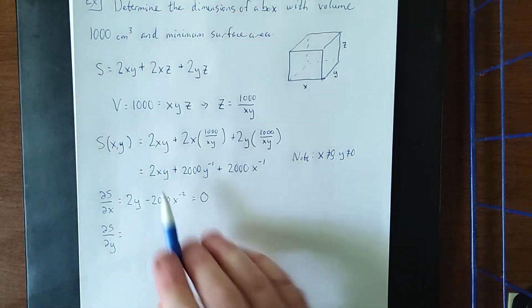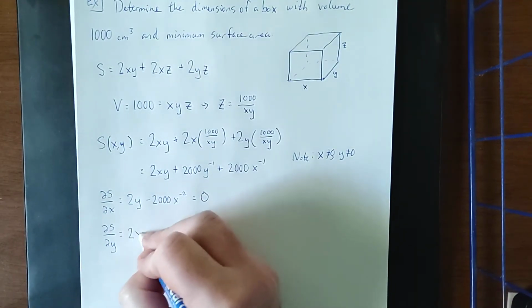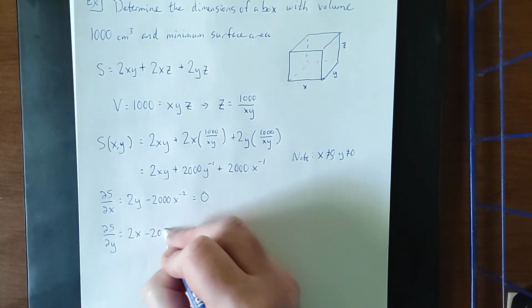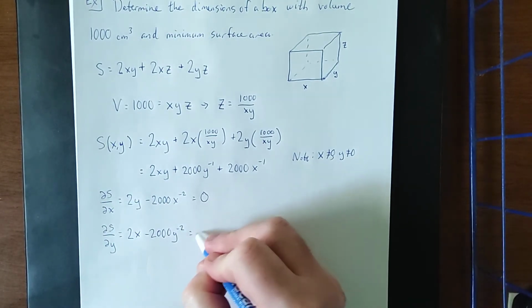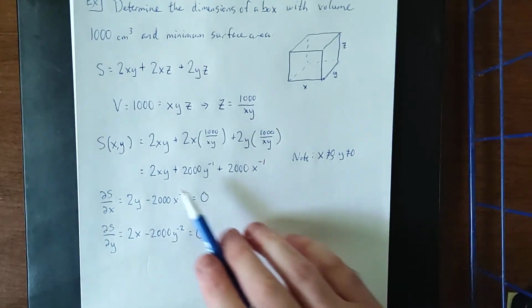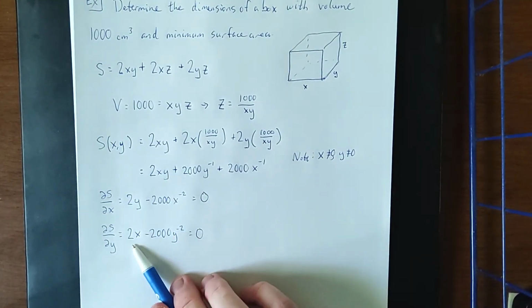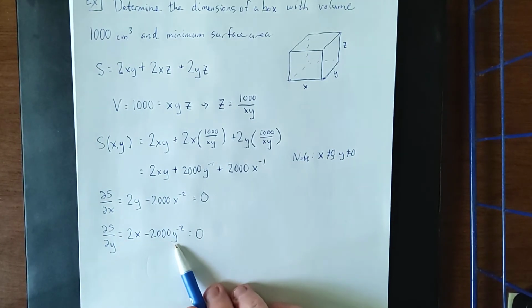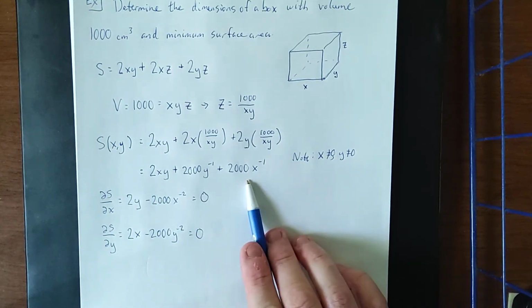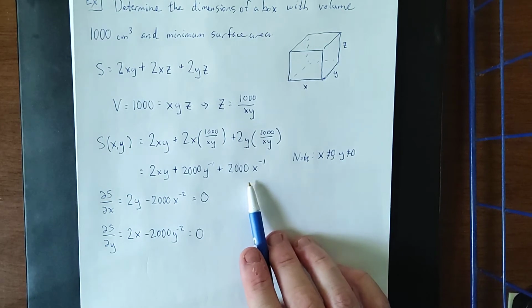For the partial derivative with respect to y, we will see some very similar derivatives here. However, this time we'll be treating x as though it is our constant and y as our variable. So the first term will become 2x. The middle term, applying the power rule, will be negative 2,000 y to the negative 2 power, and the third term will vanish as it is equal to a constant.